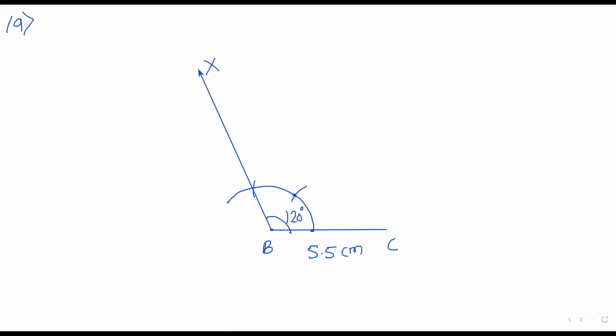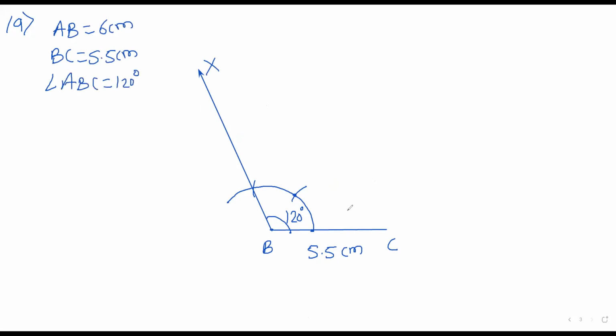Now we know that A lies somewhere on ray BX. What is AB? 6. Yes. BC we already drew 5.5, and this is angle ABC, which is 120 degrees.